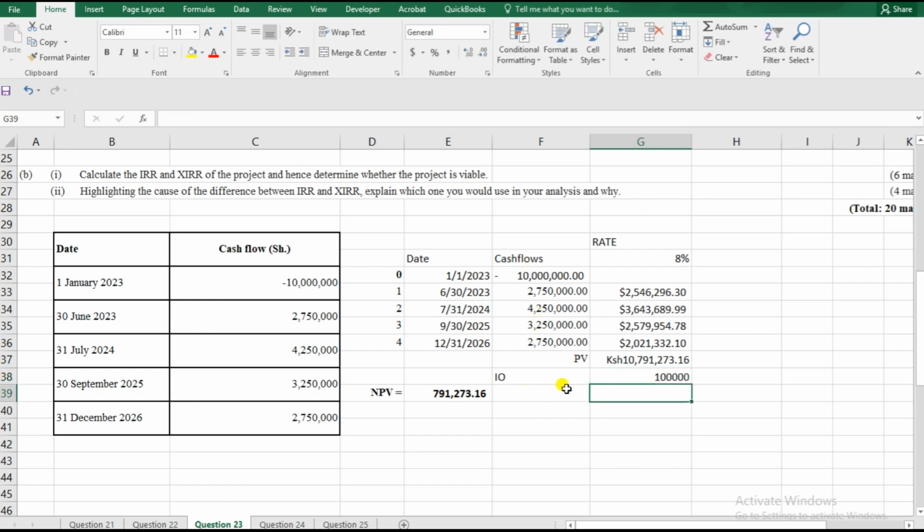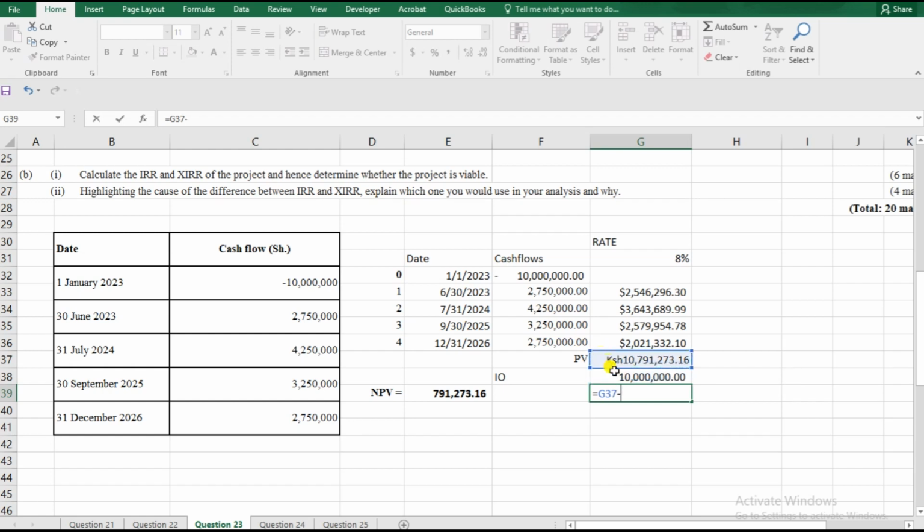So this should give us our NPV, which is the present value of the cash inflows minus initial outlay.